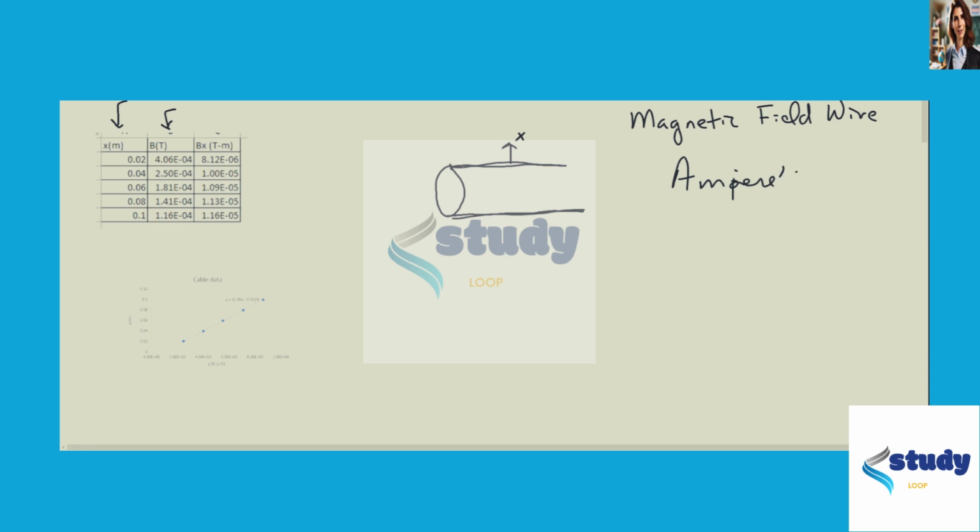And a reminder of that is that B should be equal to mu naught over 2 pi r times the enclosed current. Now, what's important to note is r should be measured from the center of the wire. But for various reasons, this person measured from the surface of the wire.